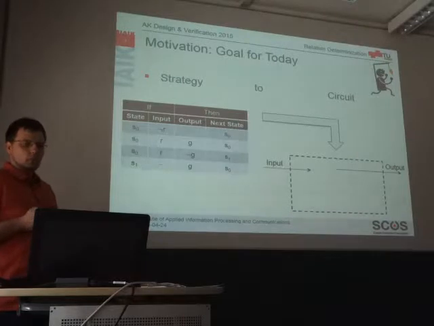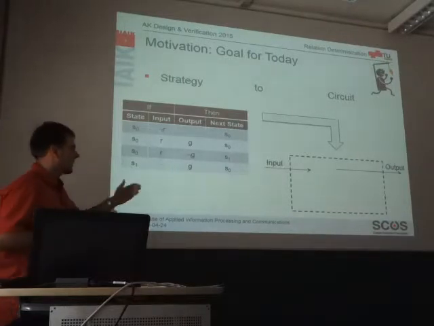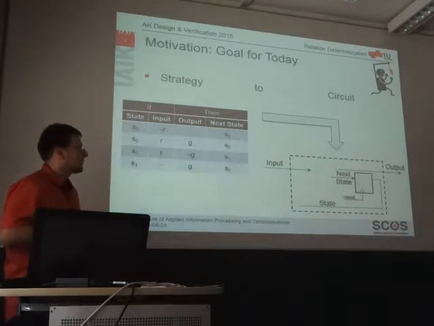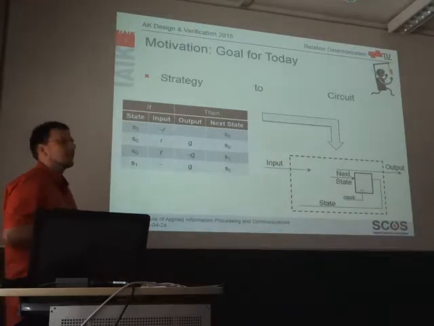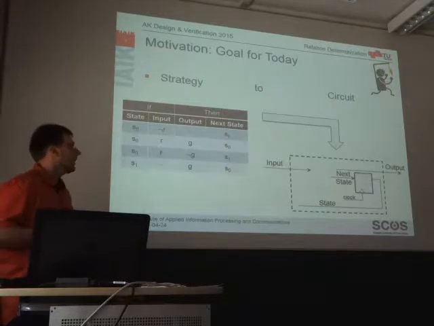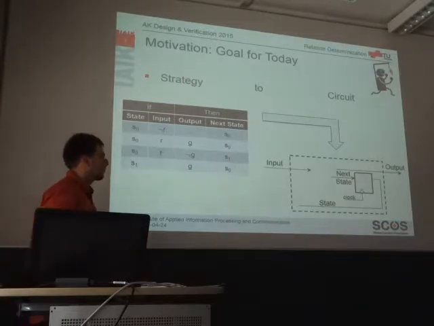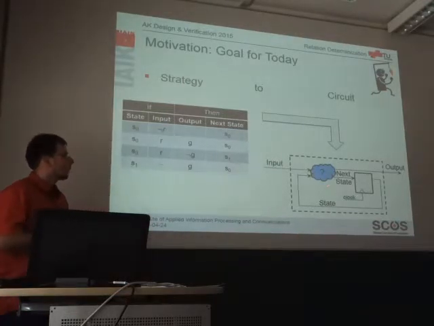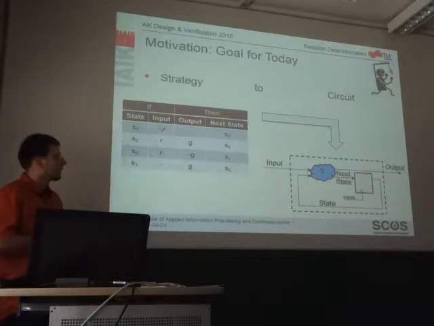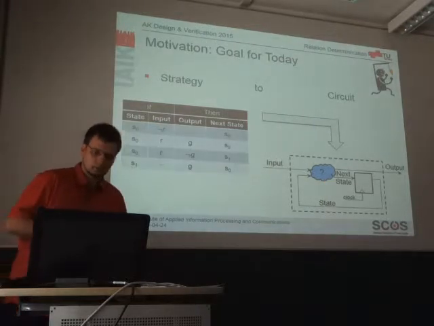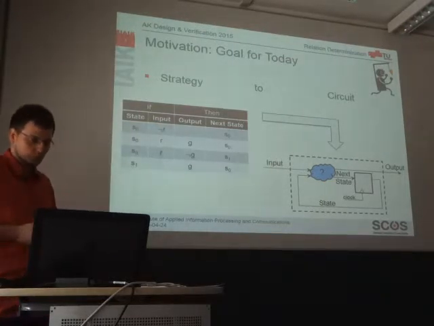And what we want is a circuit that reads these inputs and produces some outputs, and obviously also remembers what state it currently is in, and what the next state that it will go to will be. So basically what we are missing is this block in between here, where we see what state we are in and what inputs we have, and determine what outputs to give and what next state to go to.